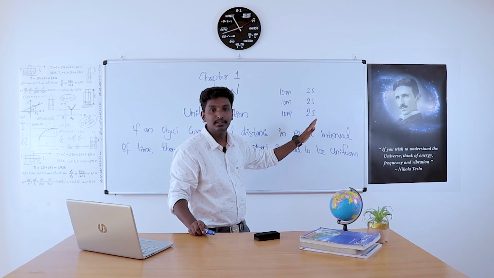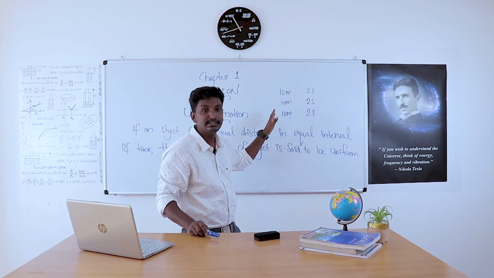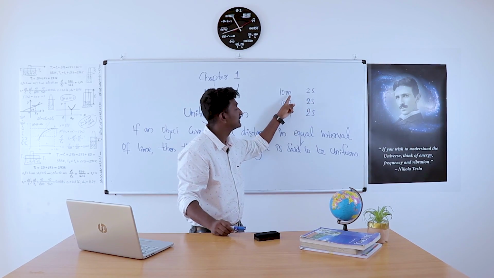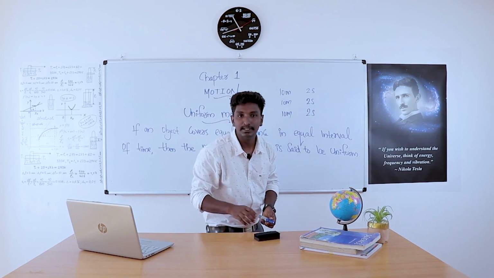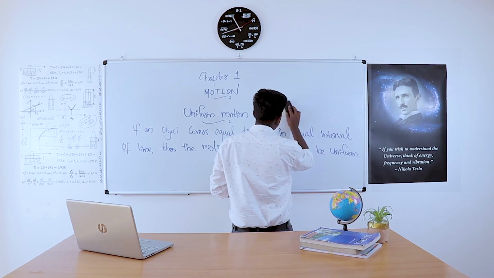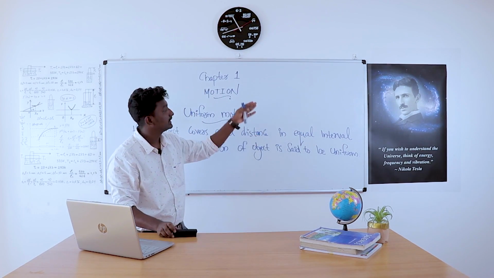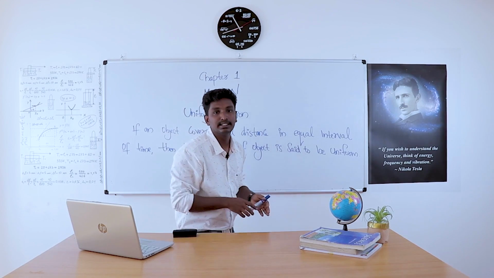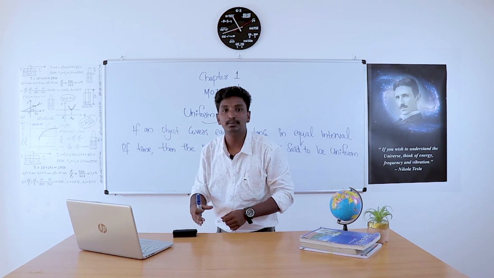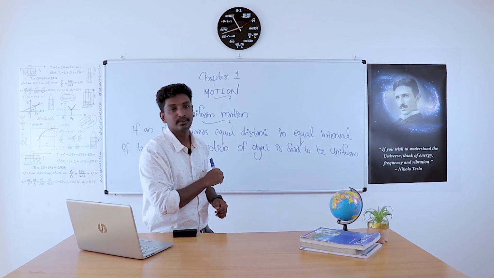This continues throughout. It doesn't change according to time. For every 2 seconds, the object is covering the same distance. If this continues like a pattern, then we can say that the motion of the object is uniform.